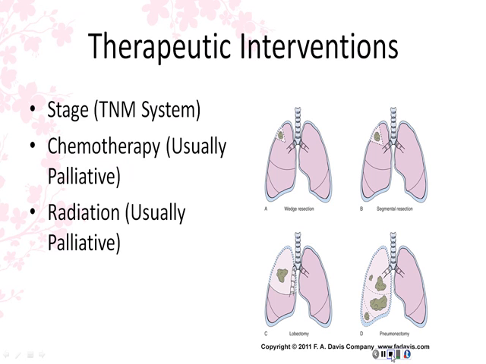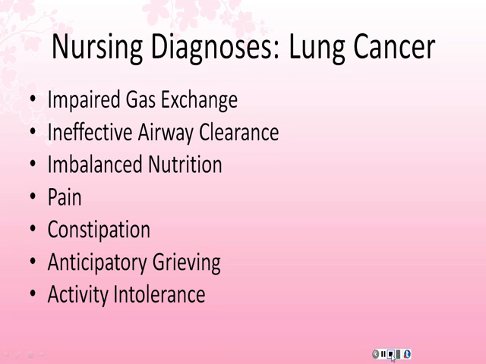Nursing diagnoses for lung cancer include impaired gas exchange, ineffective airway clearance, imbalanced nutrition, pain related to procedures, constipation, anticipatory grieving, and activity intolerance related to discomfort or shortness of breath.